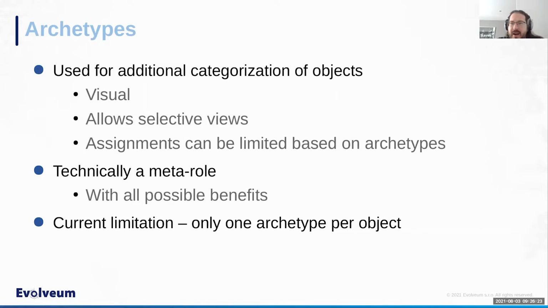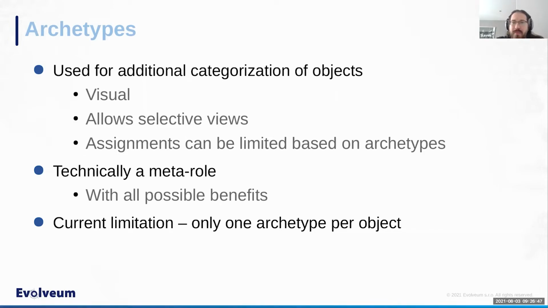And the benefits are visual. You can define custom icons, custom colors, so you can immediately see that it's a different type of object. You can search based on archetypes, or even in the user interface, put some selective views in the menu, so you can easily, with one click, list, for example, only internal users and not the external, or vice versa.